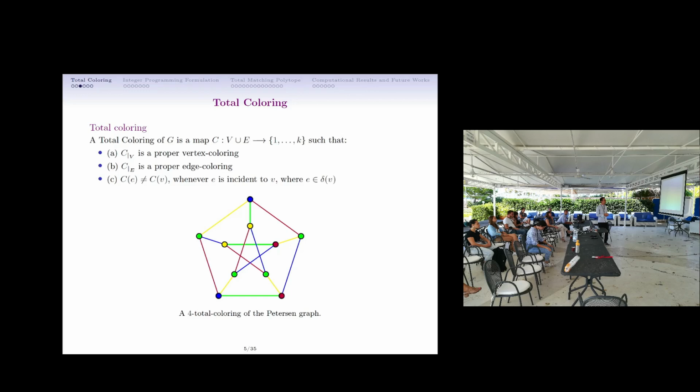So here our aim is to minimize the total number of colors to have a proper total coloring.